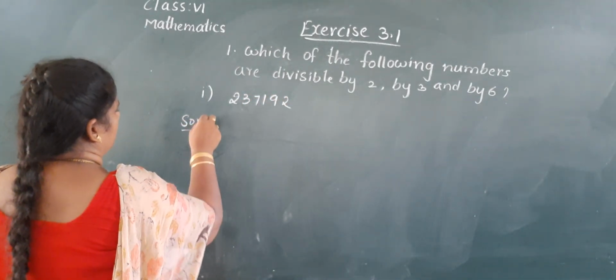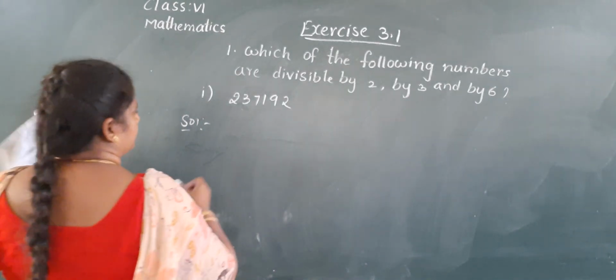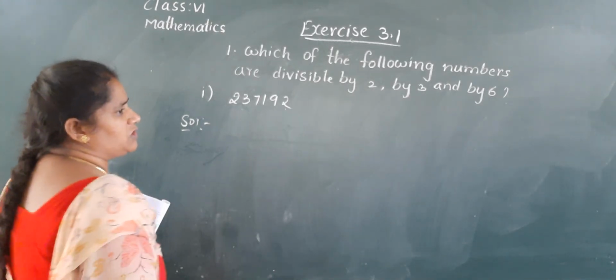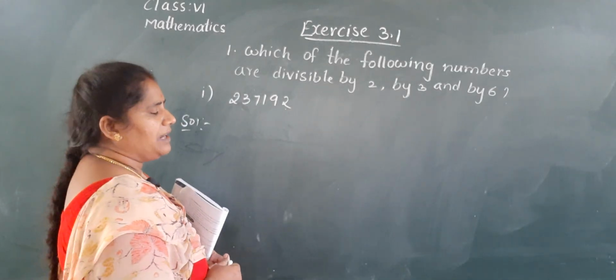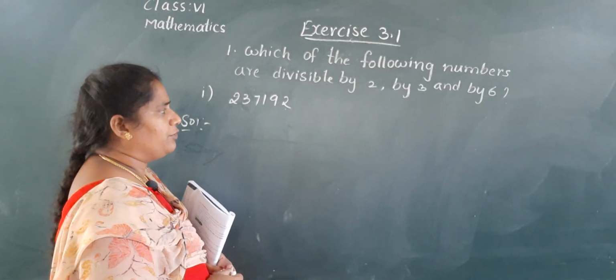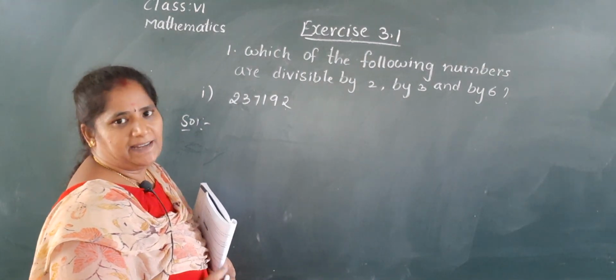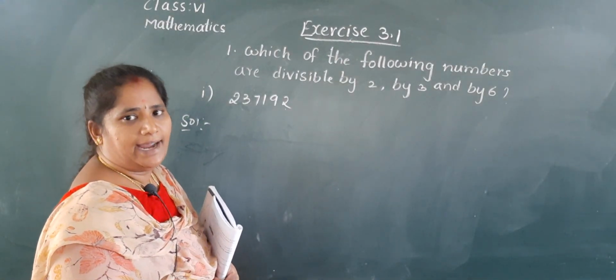Now, solution. See how I am checking. What is there in the units place, children? What is the divisibility by 2? The number having either 0, 2, 4, 6 or 8 in its ones place is divisible by 2.